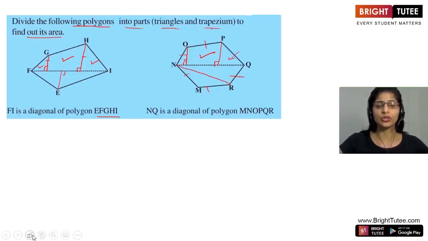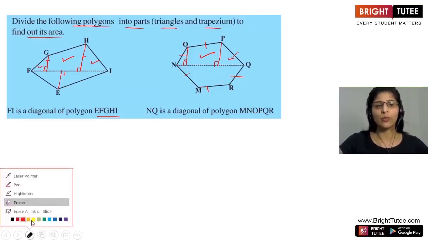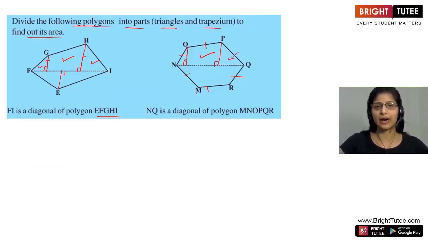Or if we do not join this diagonal, what we can do is, we can draw perpendiculars like in the upper part. So from M you can draw, from R you can draw. So this will become a trapezium, and suppose I name them P dash and Q dash. So we have NP dash M as one triangle, RQ dash Q as another triangle, right?